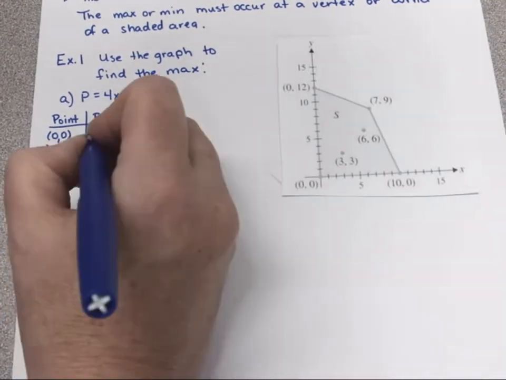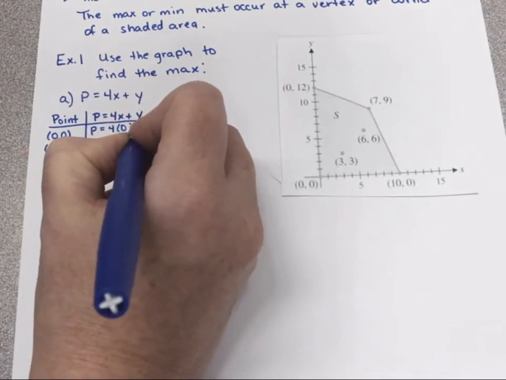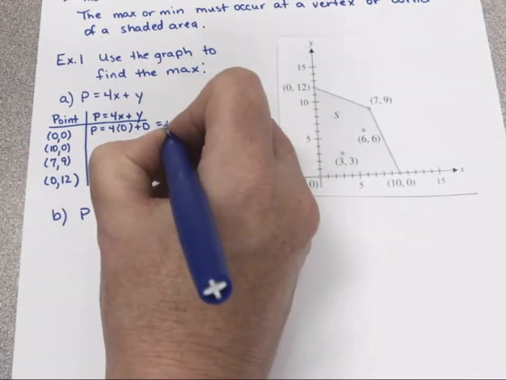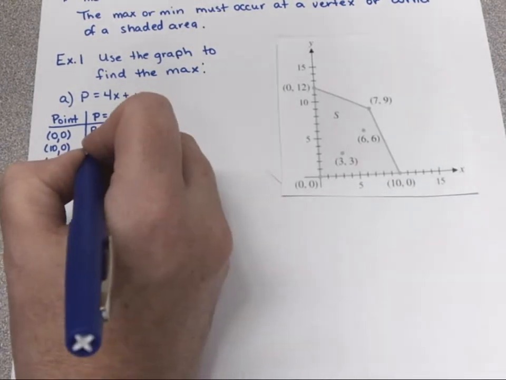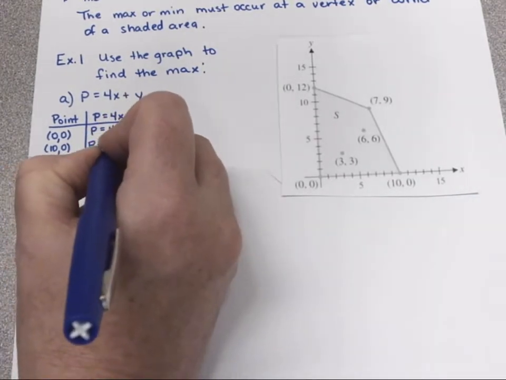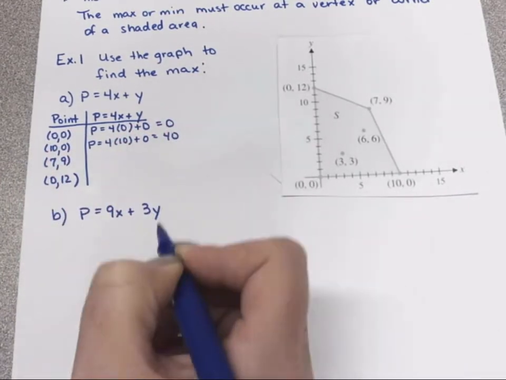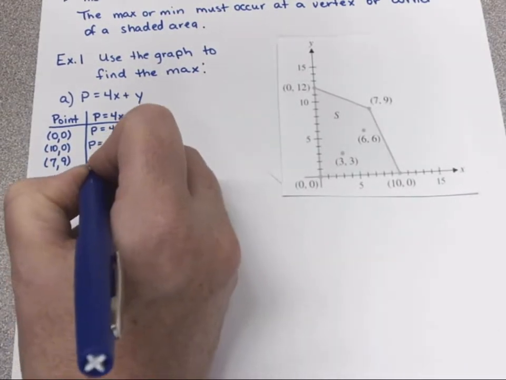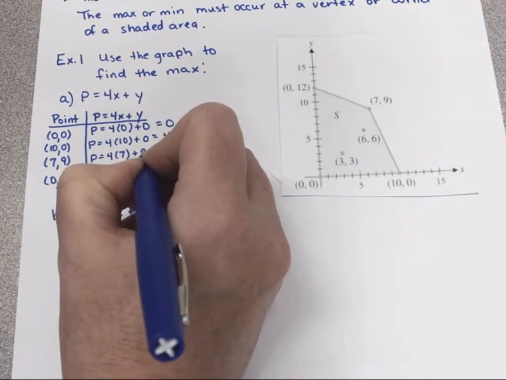So no profit here, no surprise probably. If you have 0 and 0, you're going to profit 0. For this one, if you plug in 10 and 0, you're going to get 40. For this one, plug in 7 for x and 9 for y.